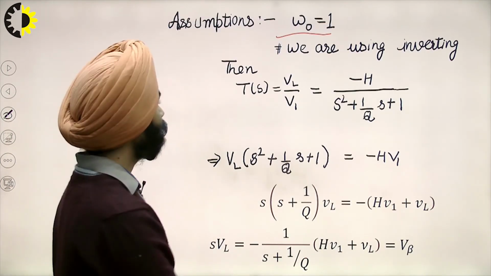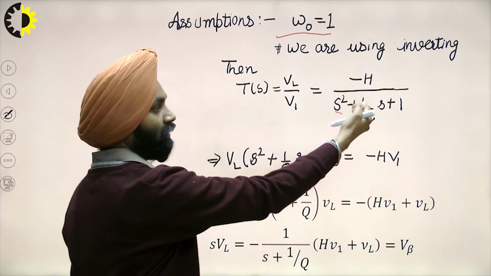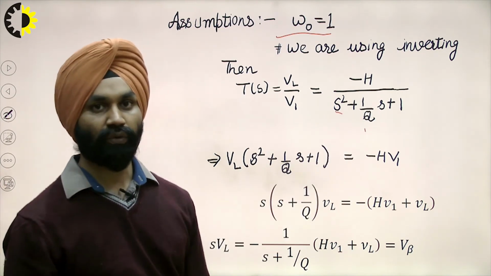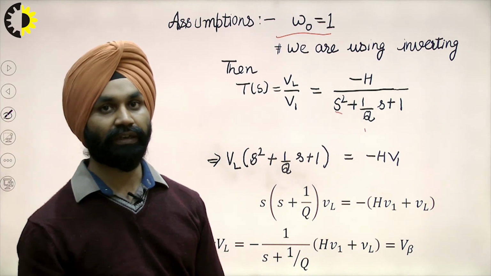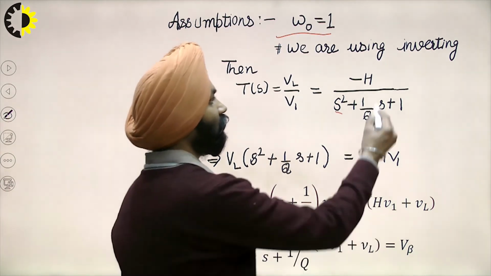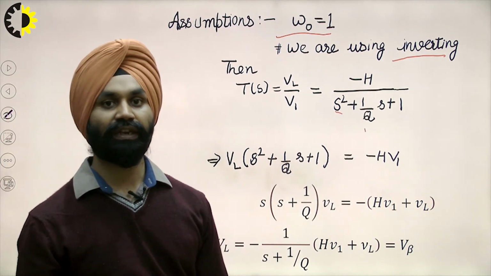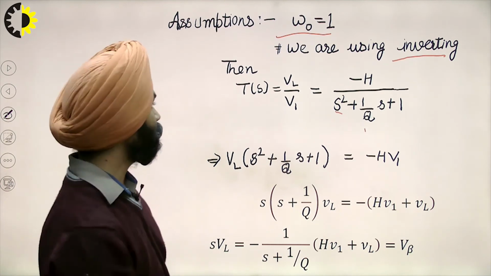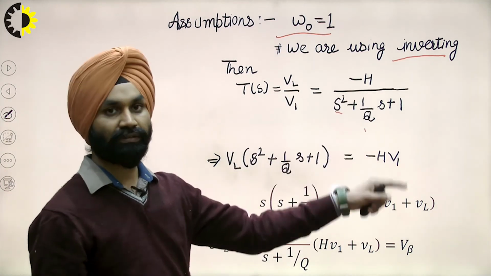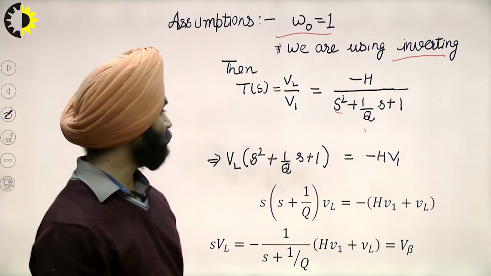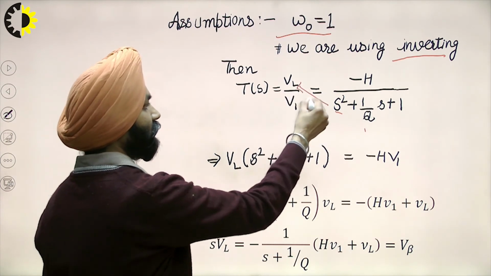So, we can write V2 by V1 is equal to plus minus H upon S square plus 1 by Q S plus 1. Again we have started with the non-inverting op-amp, so for the non-inverting configuration we are using only the negative sign. With the negative sign, the transfer function is VL by V1 equal to minus H upon S square plus 1 upon Q S plus 1. If we manipulate this equation, we can move this term to this side and that term to that side.